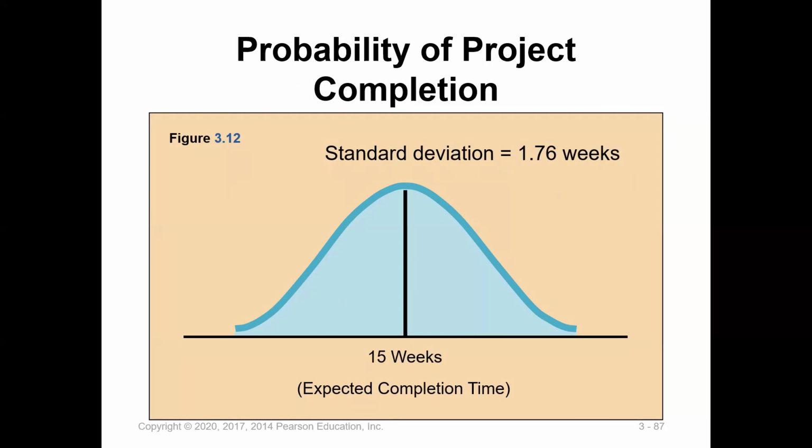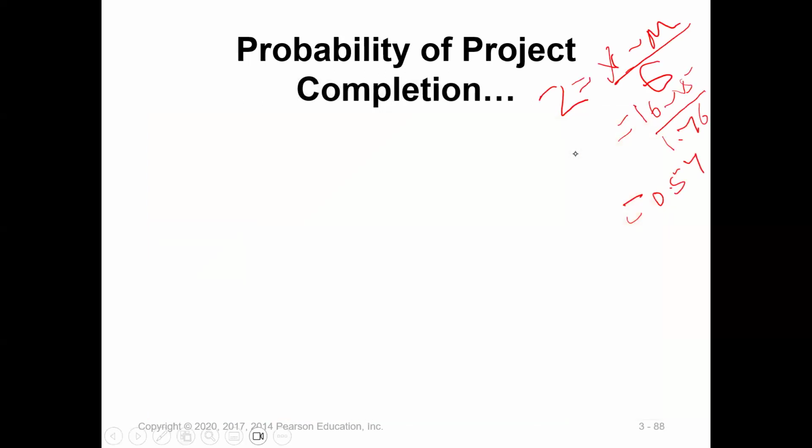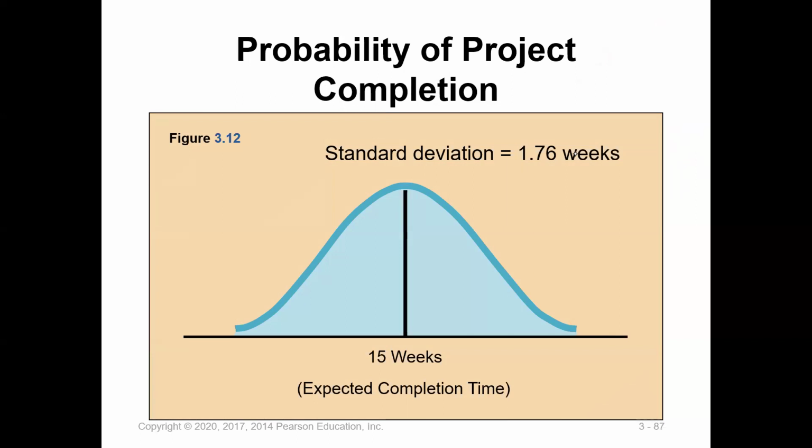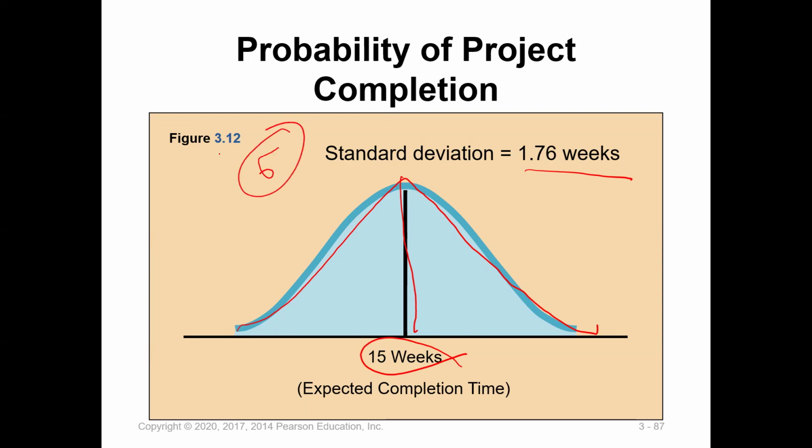So the standard deviation here, you remember in statistics, when we have a normal distribution, it will look like this, bell-shaped, with the mean or the average in the middle, and we are given the standard deviation, which is S or sigma for the project.